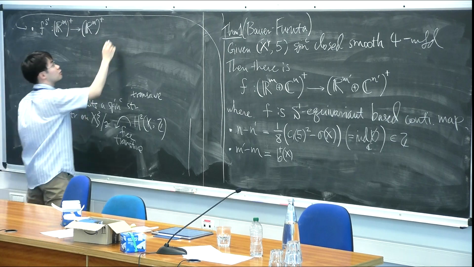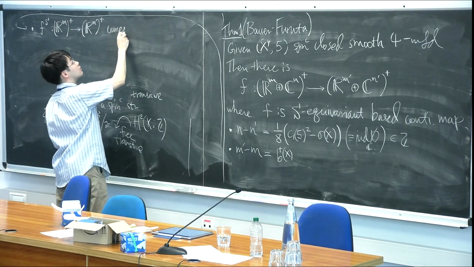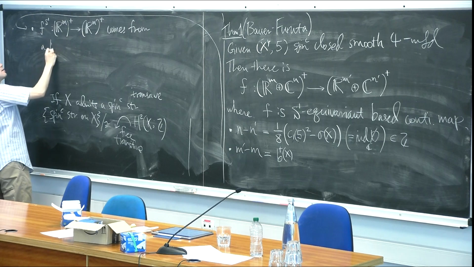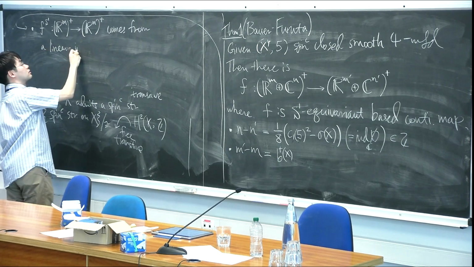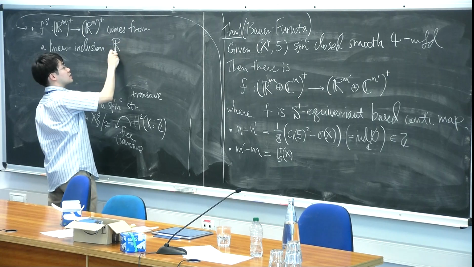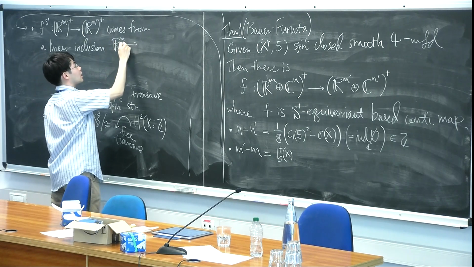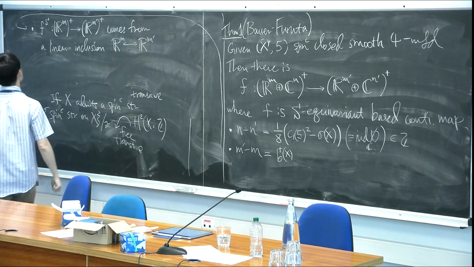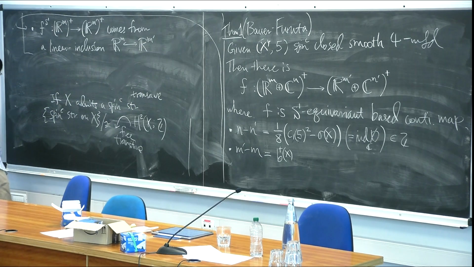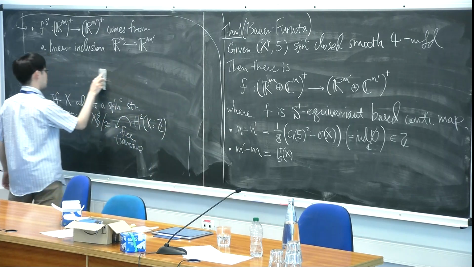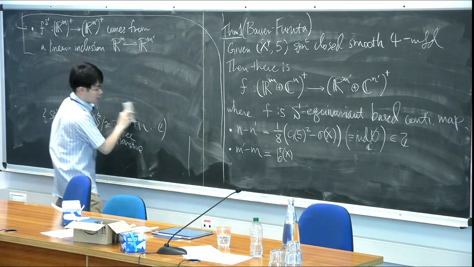And my claim is this comes from a linear inclusion, compactified by one point. Okay, so here are all the properties I wanted to write. Let me add a couple of clarifications about this theorem.